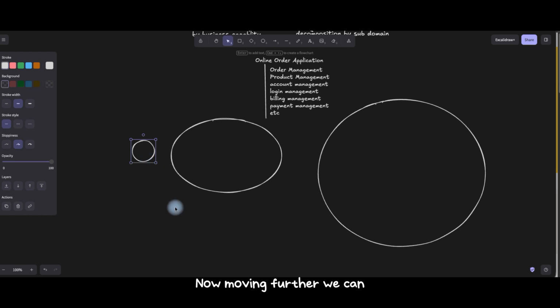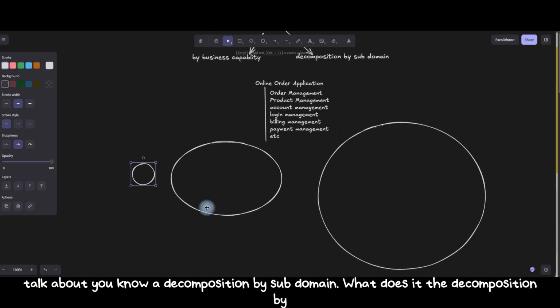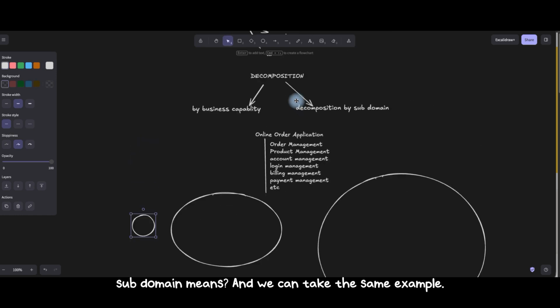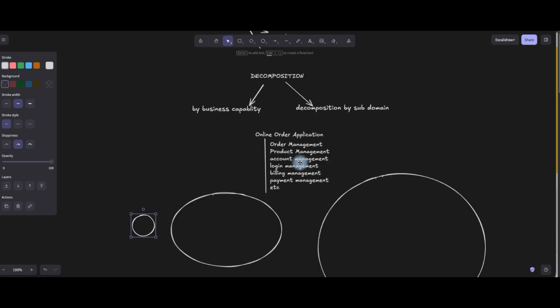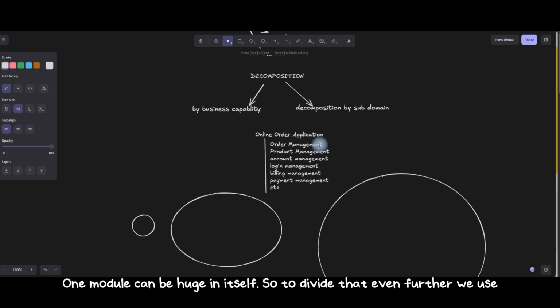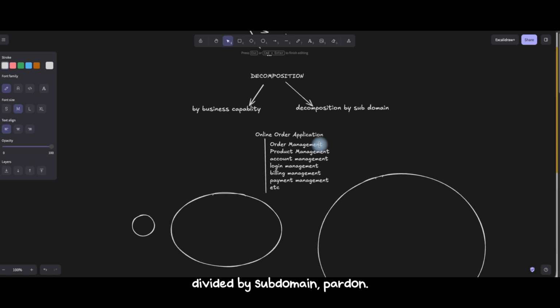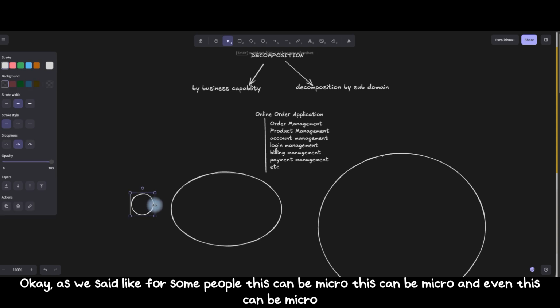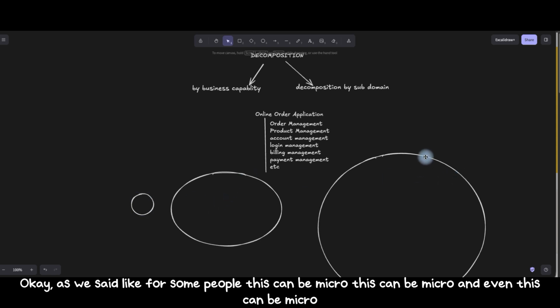Now moving further, we can talk about decomposition by subdomain. What does decomposition by subdomain mean? We can take the same example. This is a business capability, which means this is also a domain, right? Order management can be a domain, which means one module can be huge in itself. So to divide that even further, we use the divide by subdomain pattern. As we said, for some people this can be micro, and even this can be micro.